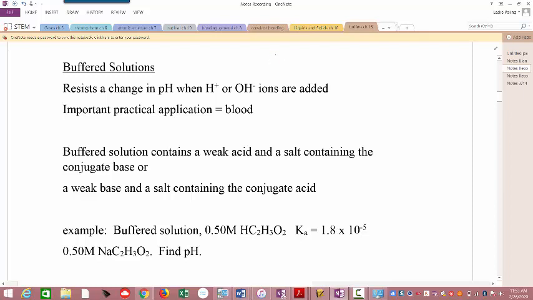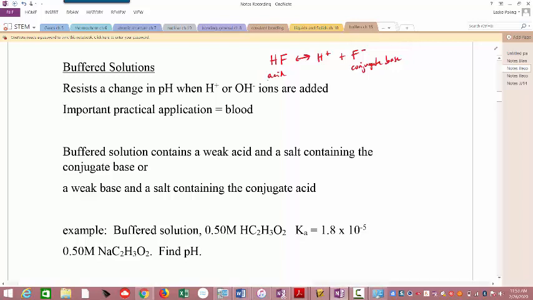When you have, let's look at our HF example, this is an acid. This is the conjugate base.